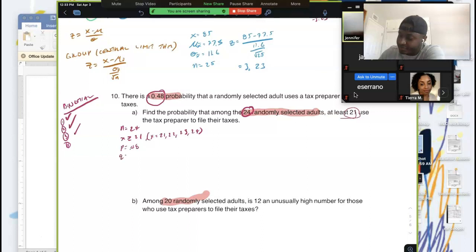And then your Q is going to be 1 minus 0.48, so that'll be 0.52. And we're just going to plug everything in. So it's just going to be rather long.